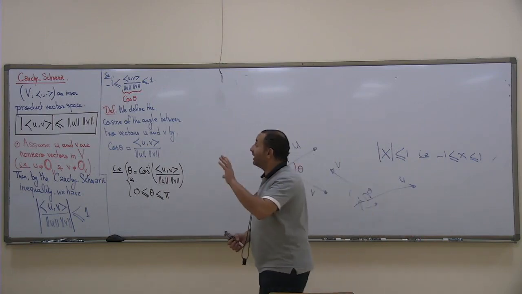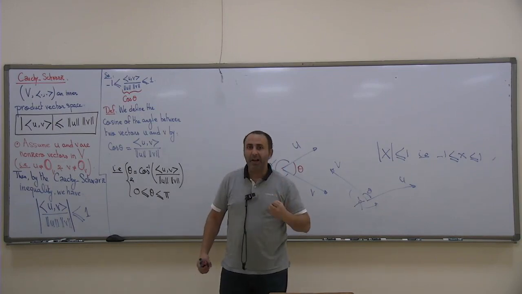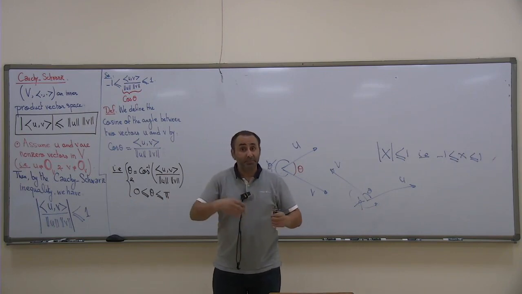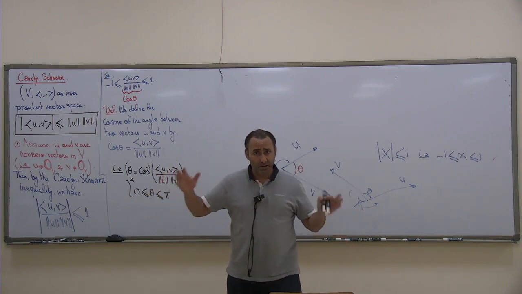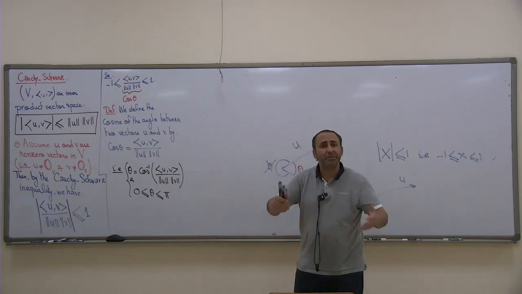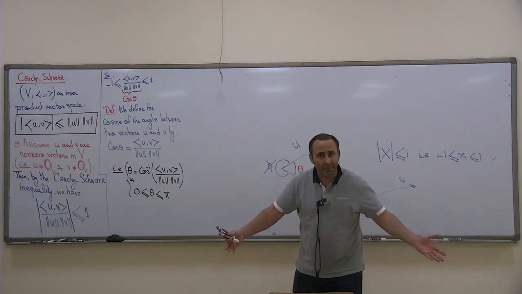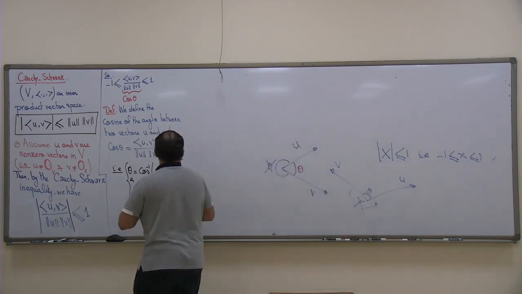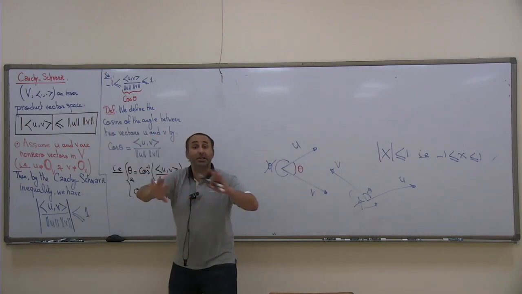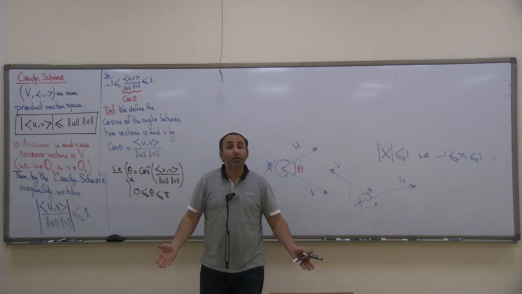However, as I said, we are taking the terminology of geometry and applying it in a general context, in the context of any vector space. But the motivation really comes from what you have seen before in the real Euclidean geometry, the xy plane. So this is a definition, and you cannot discuss it. It is just a definition. This is what we call the cosine of the angle between two vectors.